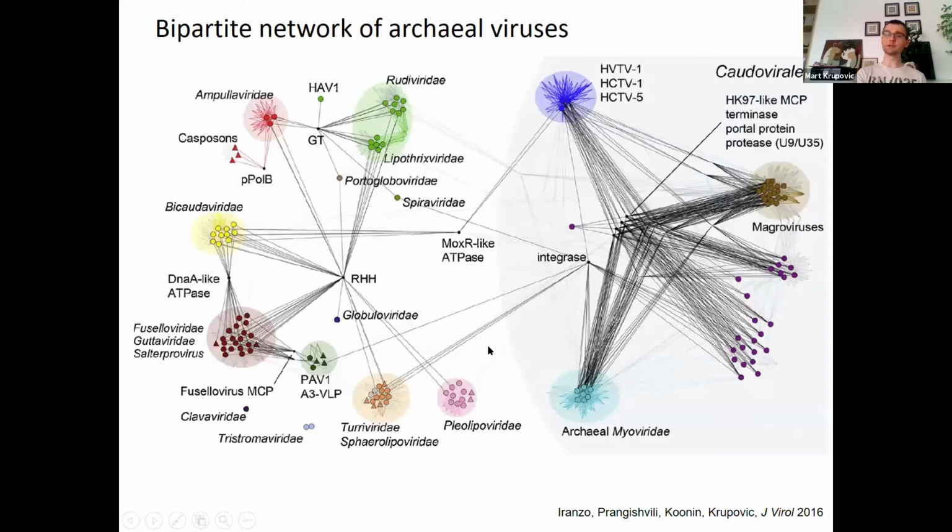If we zoom in on this supermodule, what we find is that it consists of multiple families of archaeal viruses, and these families are connected, but not through the shared major capsid proteins or through the replication proteins. Instead, they are connected through proteins involved in virus-host interactions, such as the transcription factors, which is most widely shared between these different families, or glycosyl transferases.